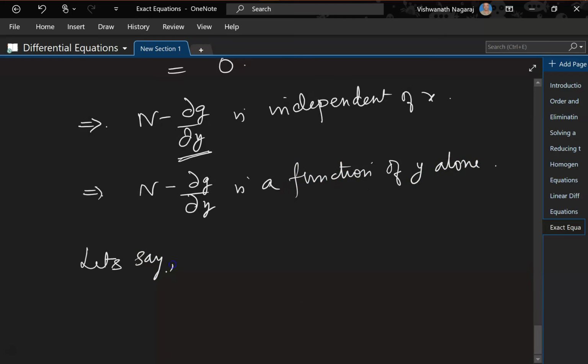Let's say f(x, y) is equal to, remember we have already started off with such a function g(x, y), plus to this we add the integral of N minus ∂g/∂y.